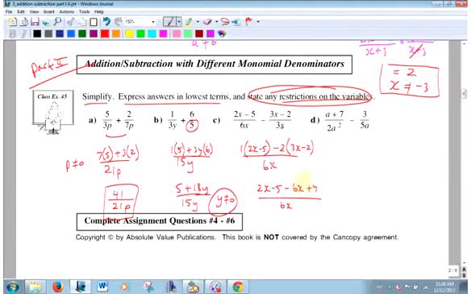Should have done my restriction first, but I still can. 2x minus 6x is minus 4x. Negative 5 plus 4 is minus 1 all over 6x. You almost done there, Tony? X can't be 0. There you go.